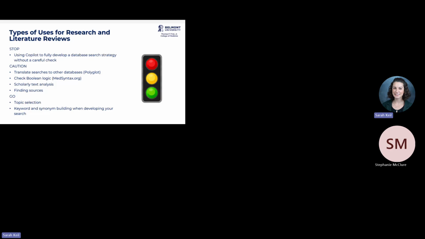There are ways that you can use Copilot with caution related to your search, things like translating the search to another database, checking Boolean logic, doing some scholarly text analysis, and finding sources. And last of all, we really do recommend using Copilot for selecting a topic, talking through things you're interested in, like a colleague would, and then for the keyword and synonym building when developing your search.